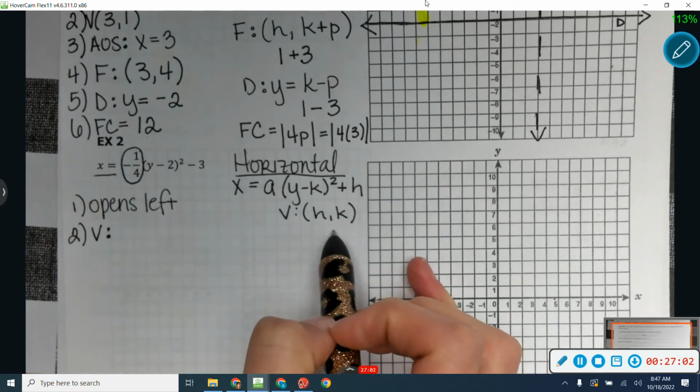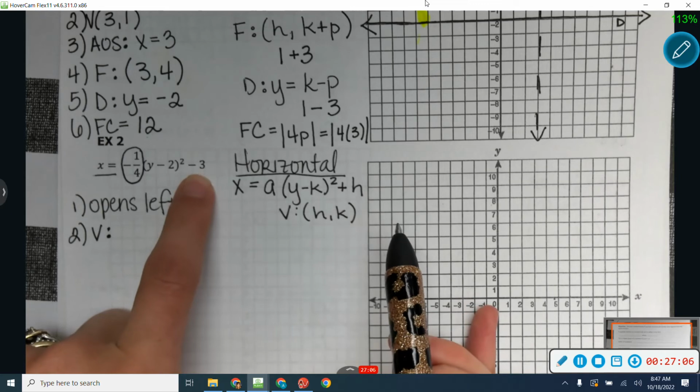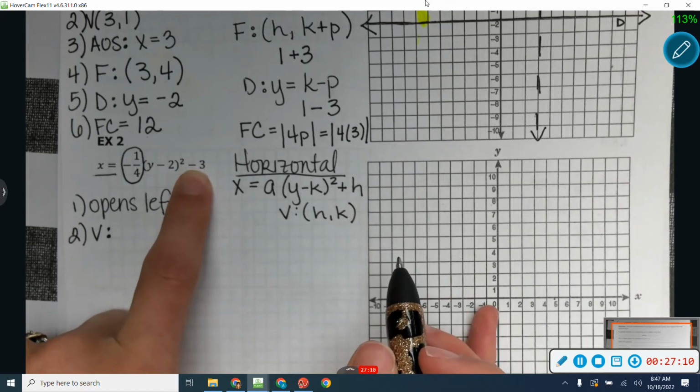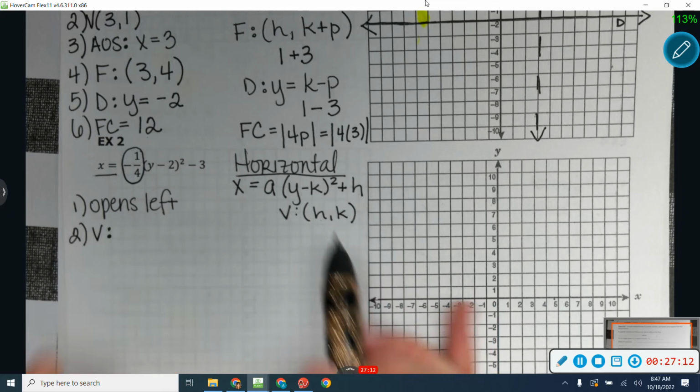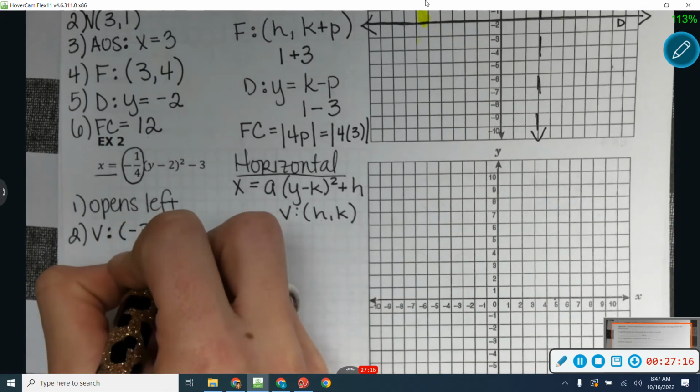So my vertex, okay, my h is what's behind my squared term, and it's as is. All right, so my vertex is actually -3, +2.